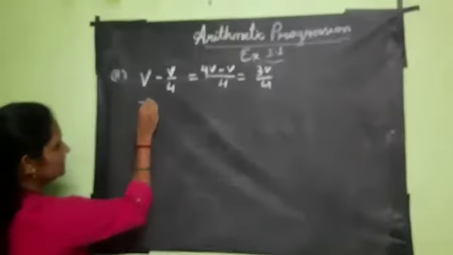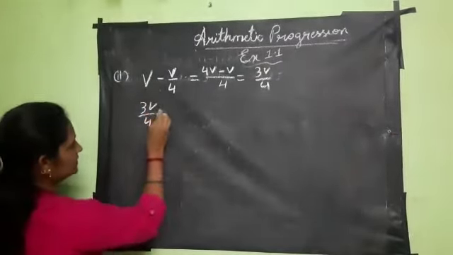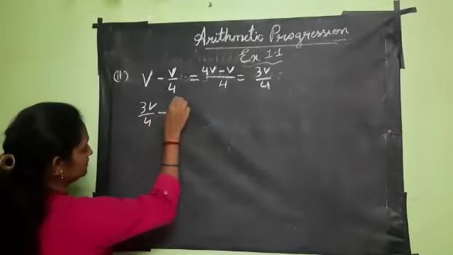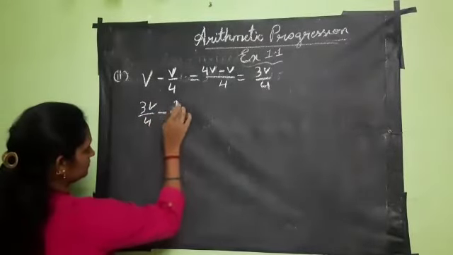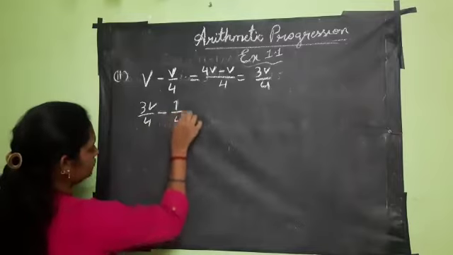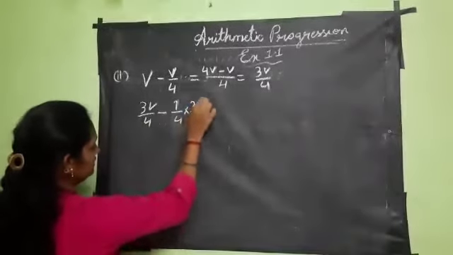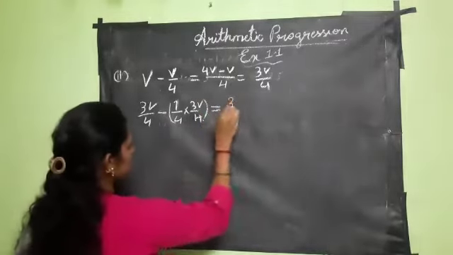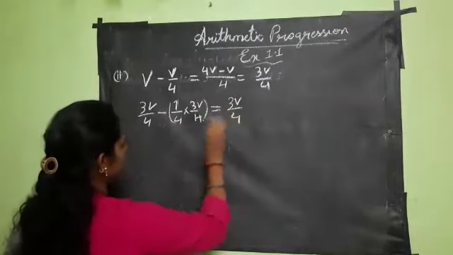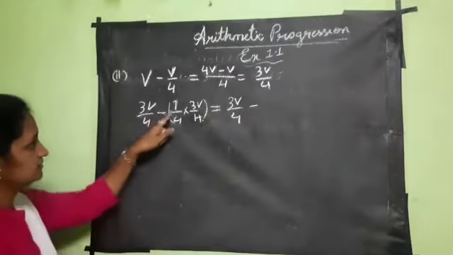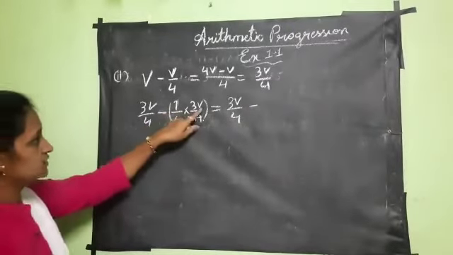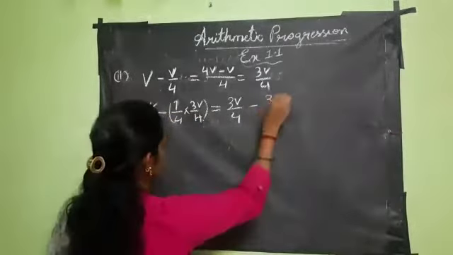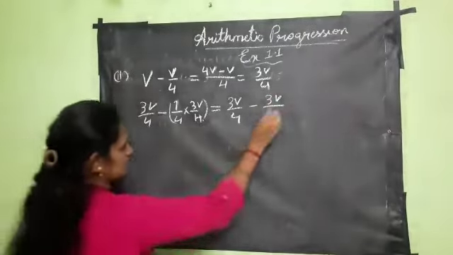Now 3V by 4 minus 1/4 of 3V by 4, which is equal to 3v by 4 minus here 3v into 1 is 3v by 4, 4s are 16.